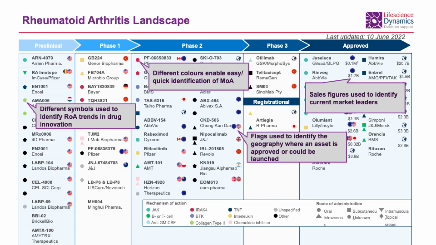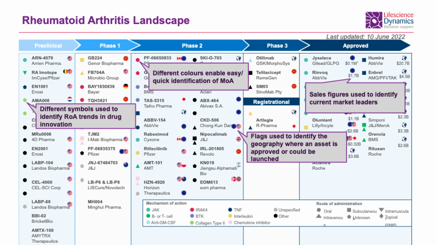We have different colors, basically for quick identification of mechanism of action. And again, it's up to you how granular you want to be about this. We've just classified all JAKs with this turquoise, whereas if you want to do JAK1, JAK2, etc., this may then be broken down further based on the scope. Flags are used to identify the geography where an asset is approved or could be launched.